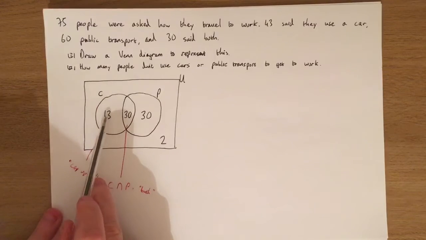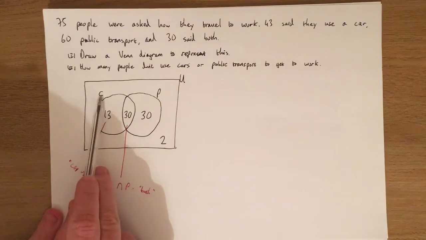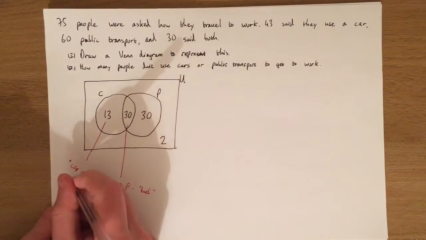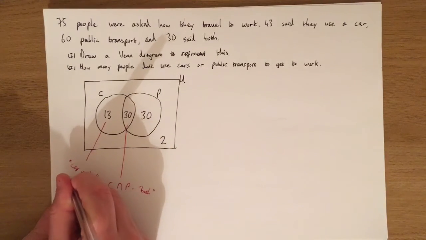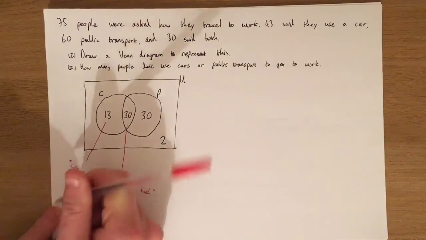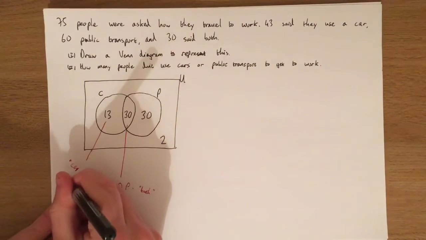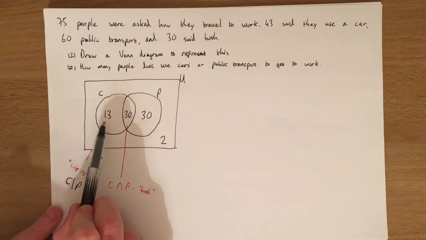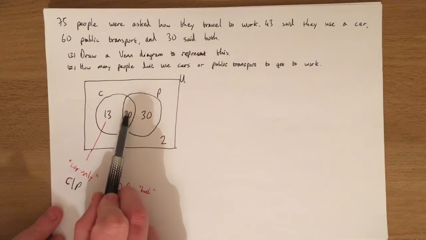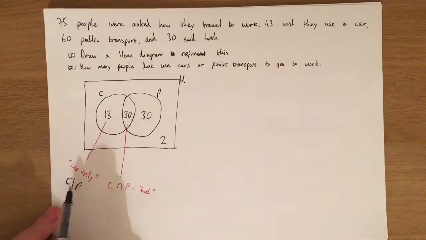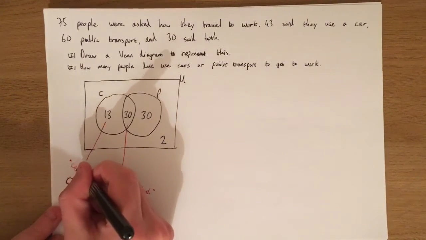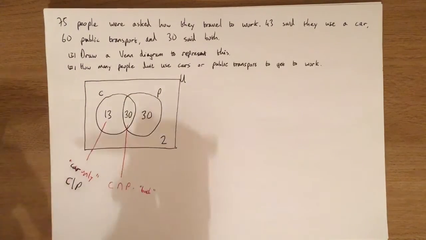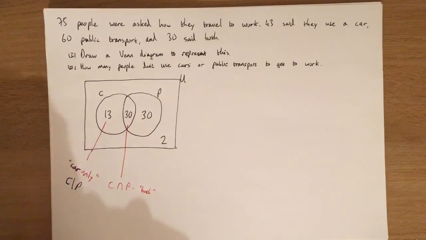Okay, if you're describing it, these are the people in C who are not also in P. So using our set symbols, that is, let's just switch to the black pen, C, not P. Okay, so if they're in C but they're not also in P, they're not in this bit here. So that would be C, not P, and car only is the way to describe those 13 people. So only is the key word to get in.